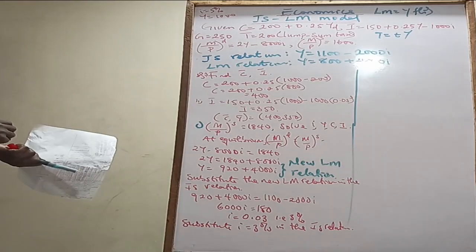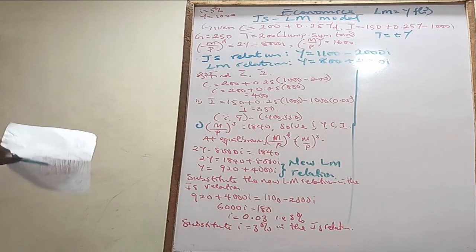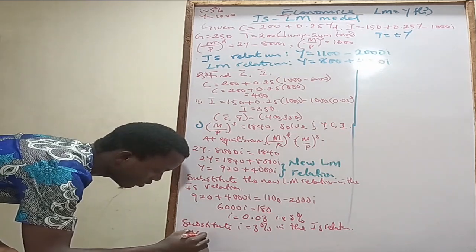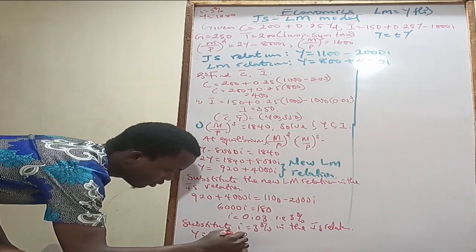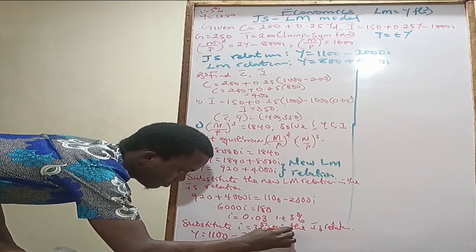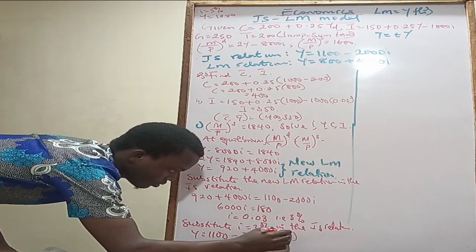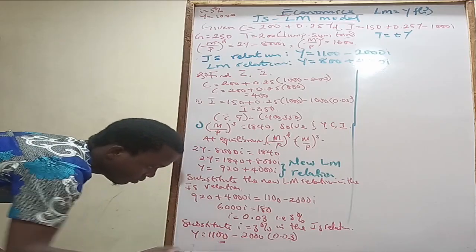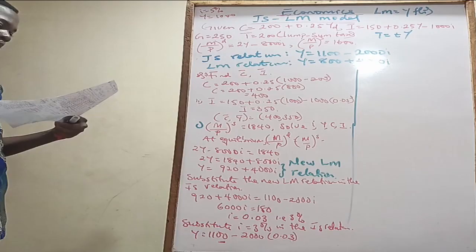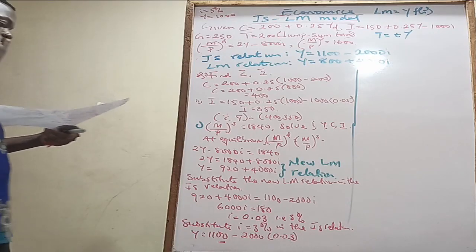So Y equals 1,100 minus 2,000 into brackets 0.03, and then we're going to have 1,040.